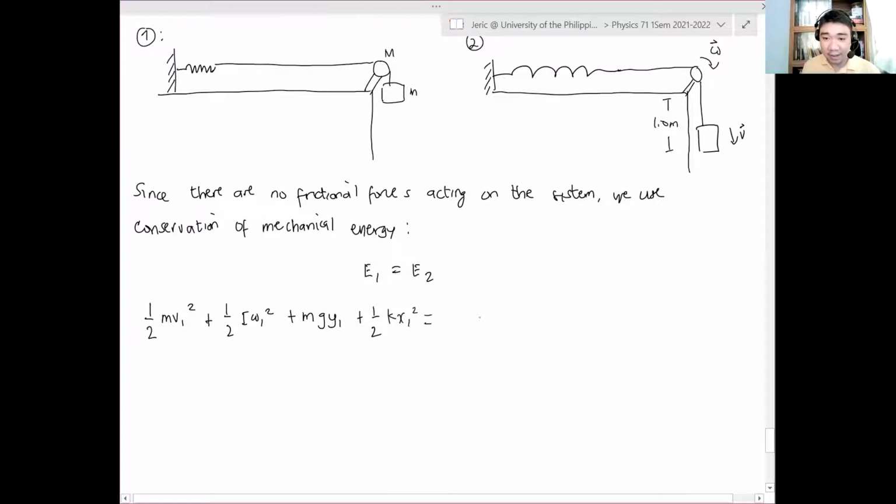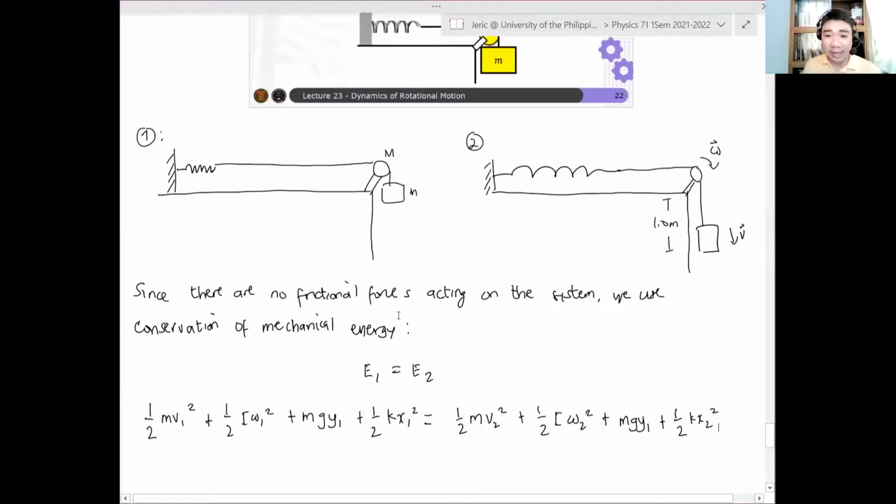So we have 1/2 m v2 squared, representing the final translational kinetic energy of the box, plus the final rotational kinetic energy of the pulley, and then we have the final gravitational potential energy of the box, and the final expansion of the spring. So there is some final elastic potential energy on the spring. So meron kang apat na terms. Now let's analyze. So initially, the height of the box is almost at the same height as that of the spring.